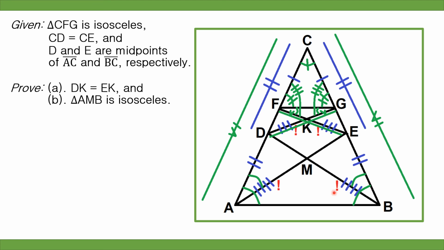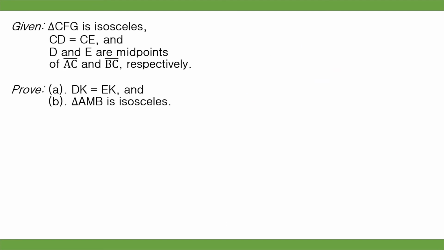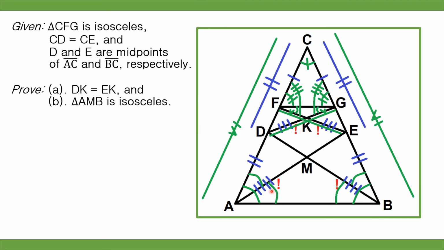So what can we say about these angles here? Okay, so these angles are congruent by subtraction property. That means bigger minus smaller, and of course, corresponding parts that are congruent. Then our leftover here, these angles are congruent.